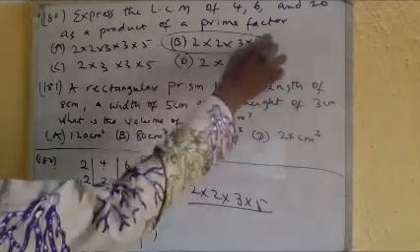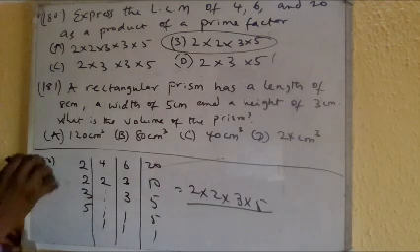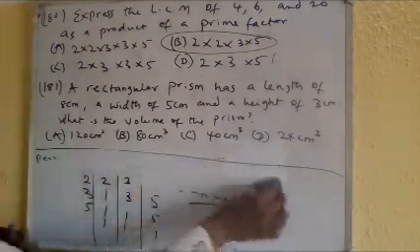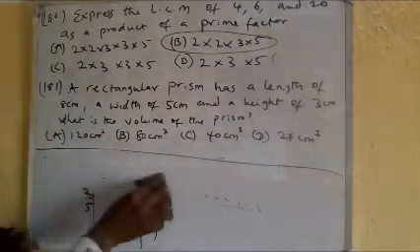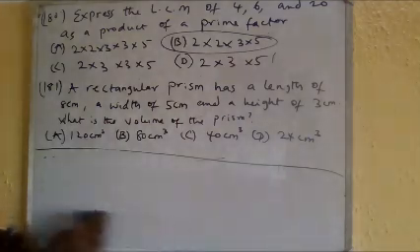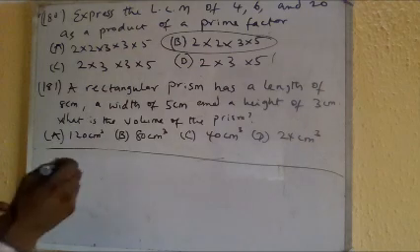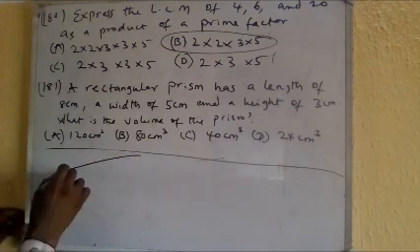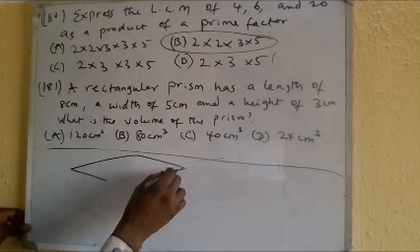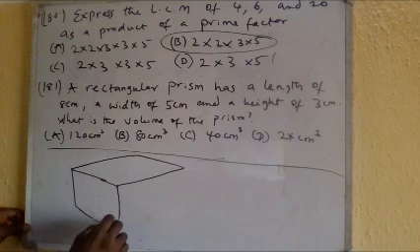Okay. The next one says a rectangular prism has length 8 cm, width 5 cm, and height 3 cm. What is the volume of the prism? This is a rectangular prism, just another way of saying cuboid.